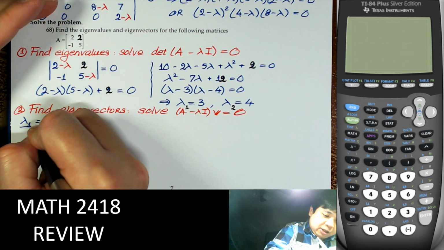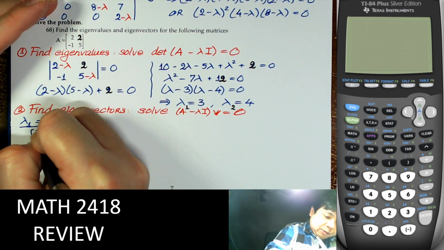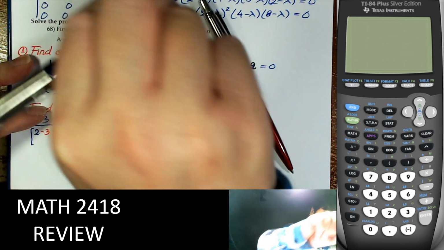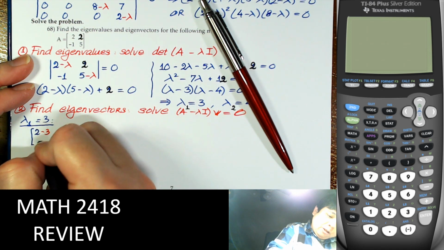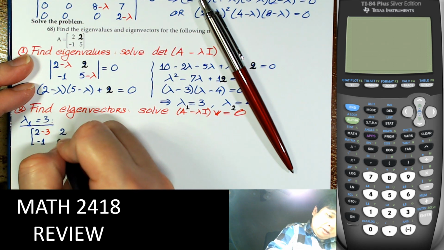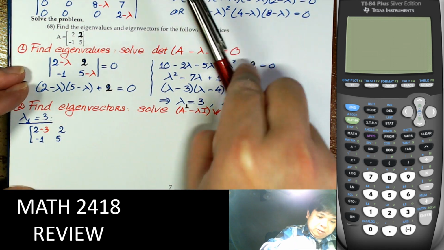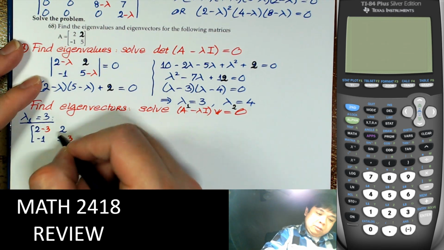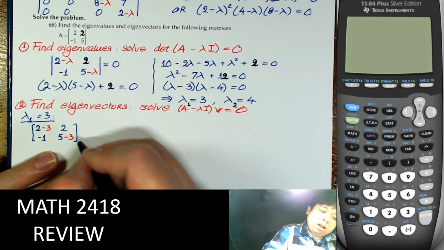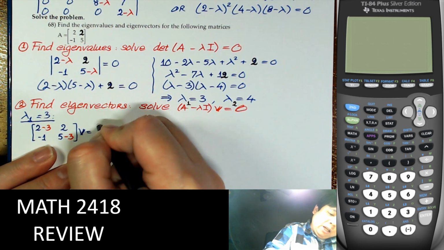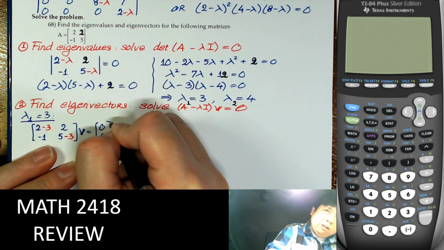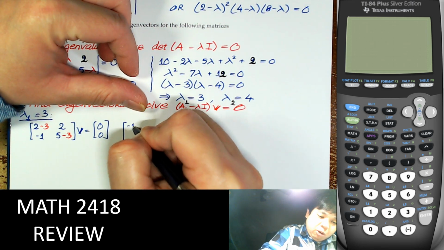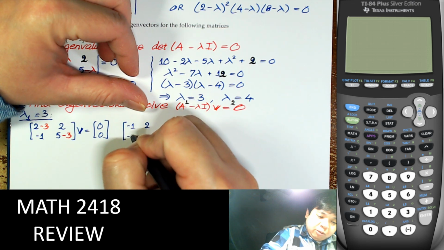So the matrix minus 3, so that is A minus lambda I. Now times vector v equal to a 0 vector. So that gives us negative 1 and 2, negative 1 and 2.